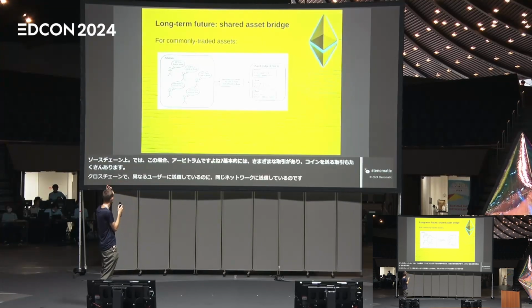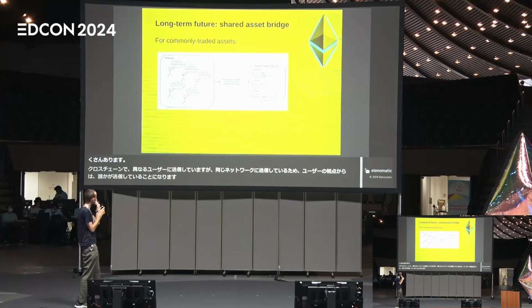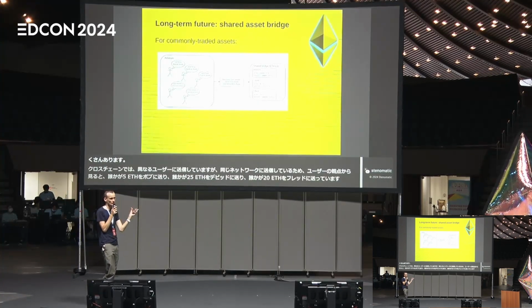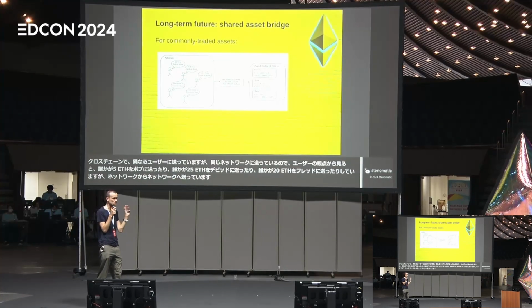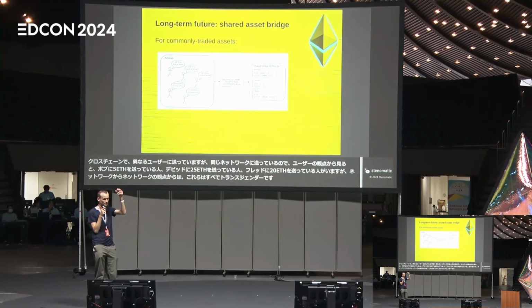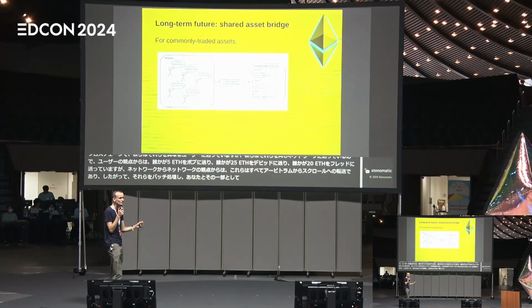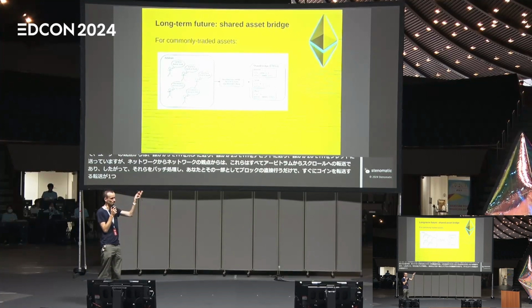And so over here, from a user point of view, you have someone sending 5 ETH to Bob, someone sending 25 ETH to David, someone sending 20 ETH to Fred. But from a network-to-network point of view, these are all transfers from Arbitrum to Scroll, and so you batch them, and as part of the block, you just directly make one transfer that immediately transfers the coins from Arbitrum into Scroll.